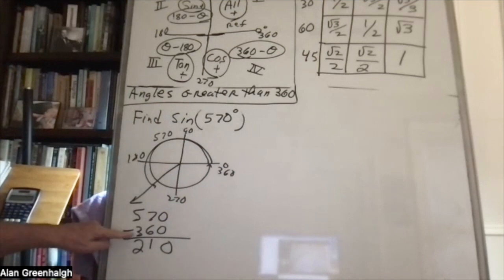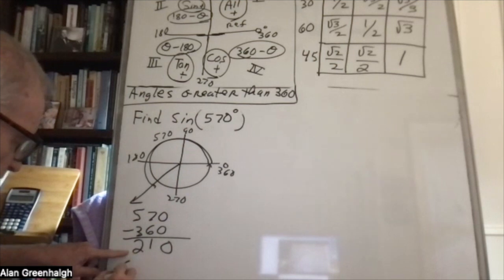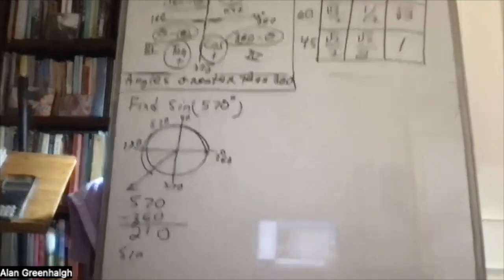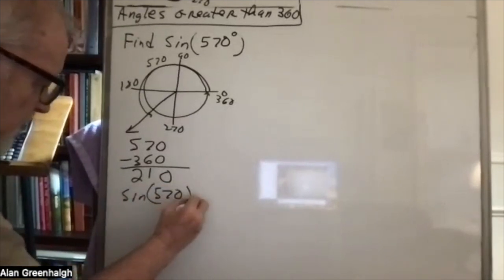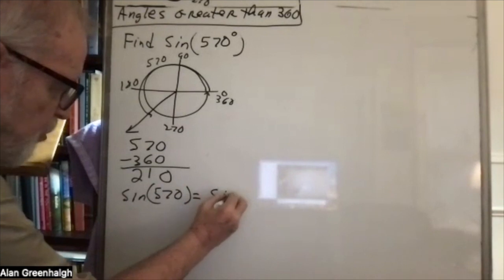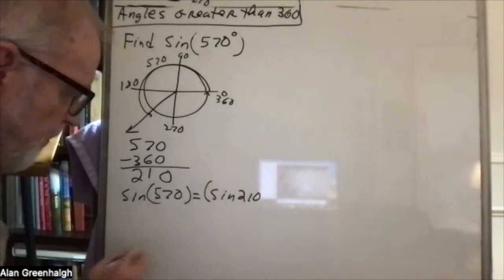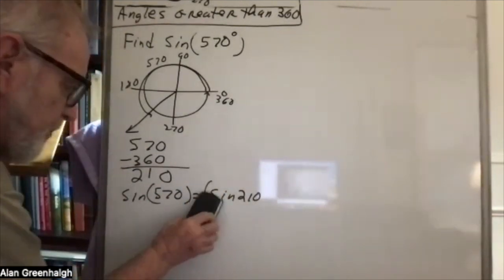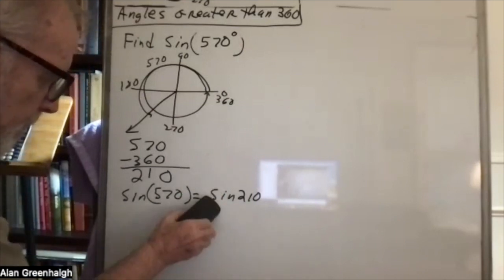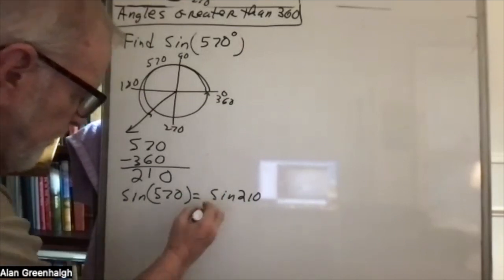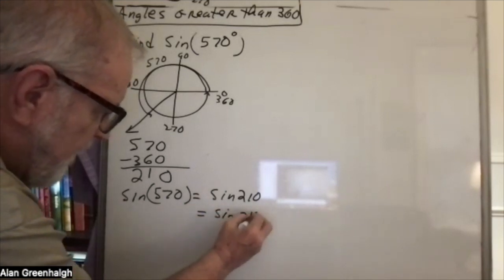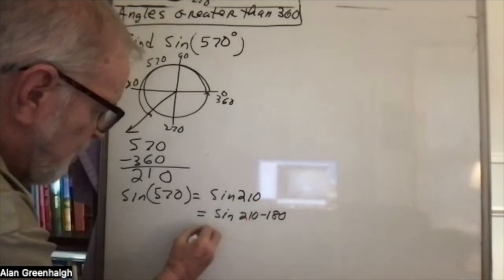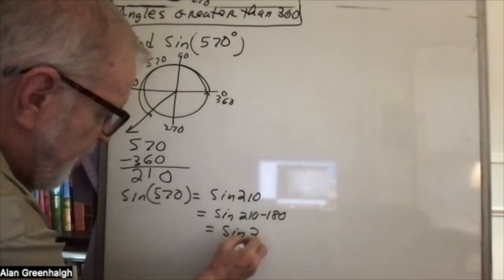So first you subtract the 360, you get 210. The sine of 570 is really the same thing as the sine of 210 degrees, which is the same thing as the sine of 210 minus 180, which is equal to the sine of 30 degrees.